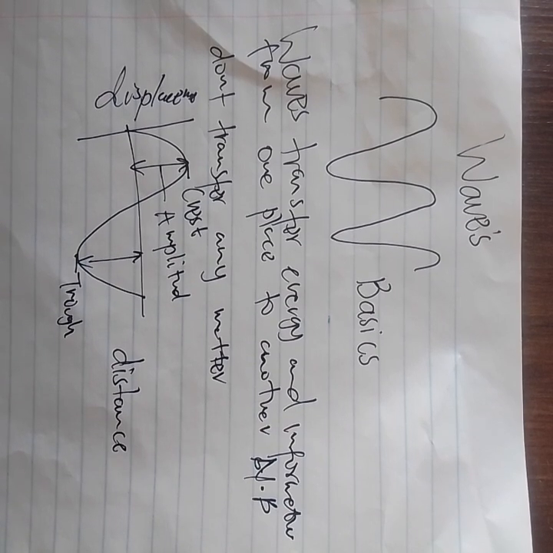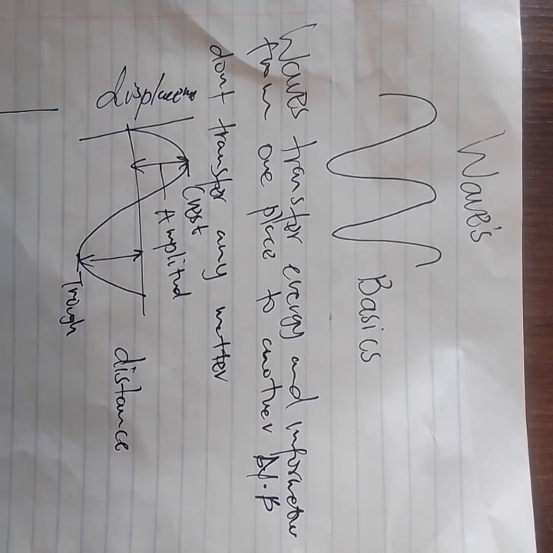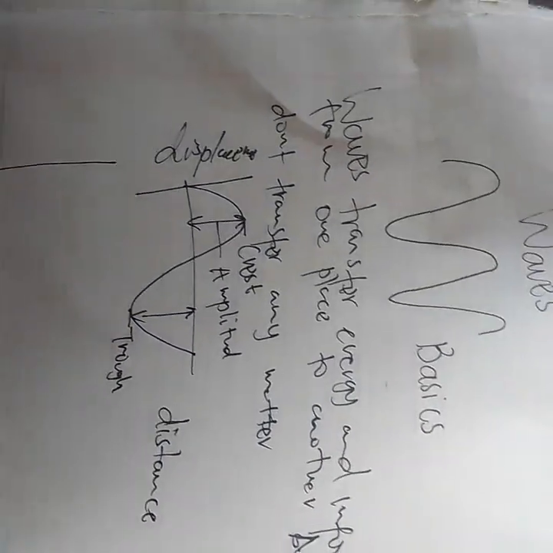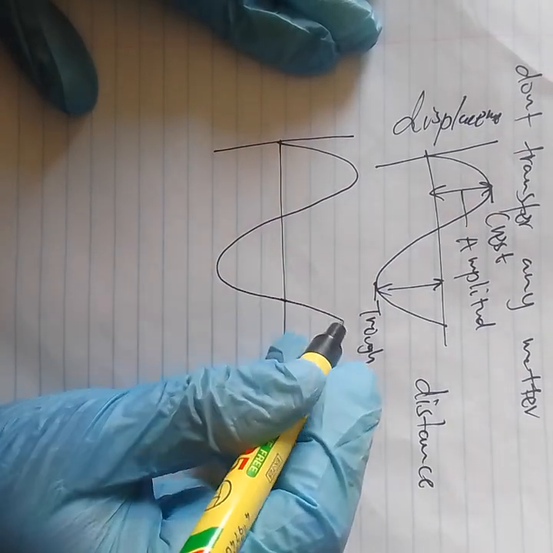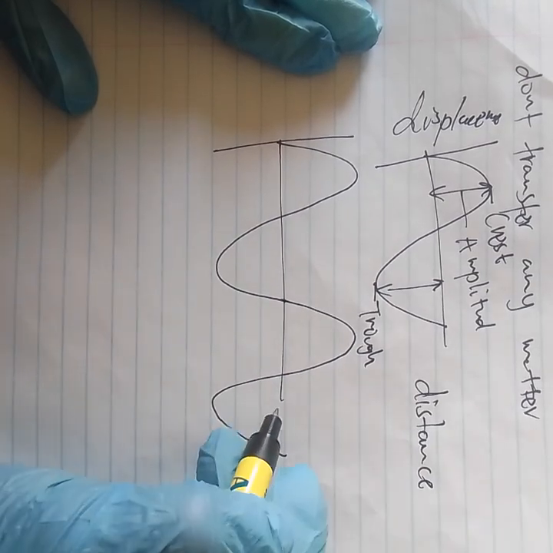Another important factor to look at is the wavelength, which is the distance from the crest of one wave to the crest of another wave. If we have two waves, this is the first one, this is the second wave.